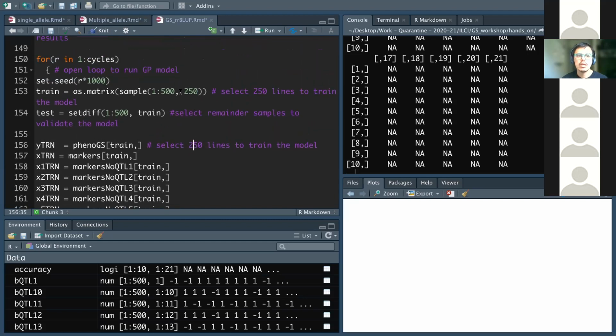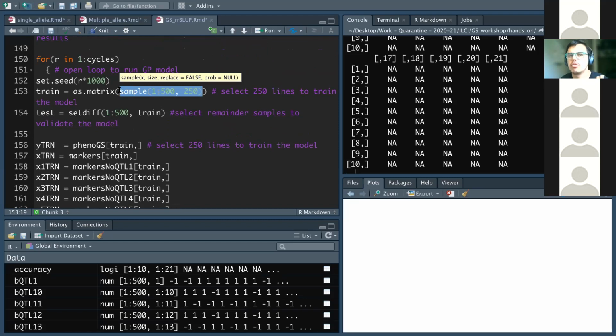We're going to use 250 as the training and 250 as the testing. But again, that is just because I want to. Usually, a lot of papers use 70% of the individuals in the population as the training population.